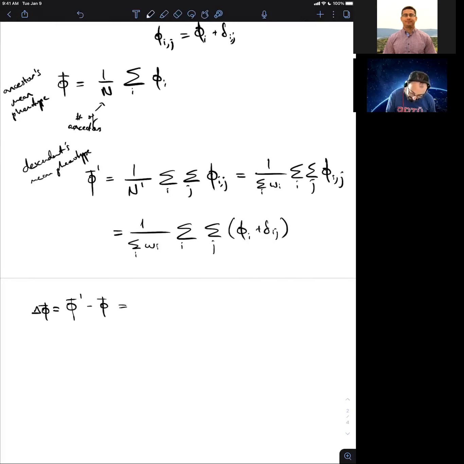Phi bar prime is 1 over the sum of Wi, times these two sums, sum over i and sum over j, of phi i plus delta ij, minus 1 over n, the sum over i of phi i.